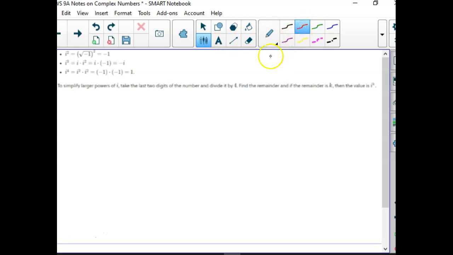I'm going to talk about it this way. I can only remember two things because I have a very small brain. i is the square root of -1, and i squared is -1. Can you remember those two things? If you can only remember those two things, you can still do some crazy exponent stuff if you also can remember these rules.